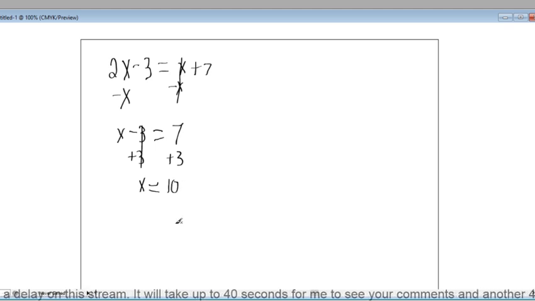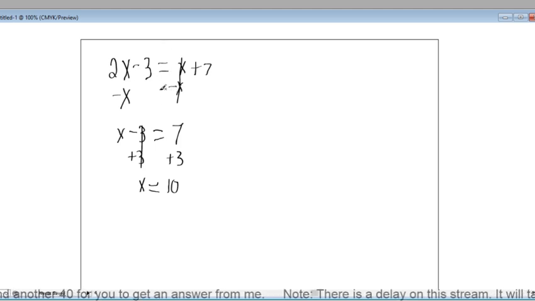So again, this is what we would call a conditional equation. X has some condition for making this original equation work. As long as we plug in 10 for our x value here, we'll get something equal to the correct thing. It'll make sense, in other words.